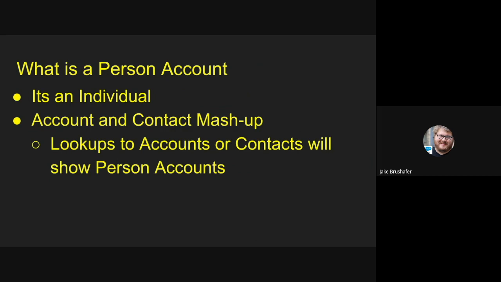For lack of better terms, it takes all the information from your account and all the information from your contact and matches them together in one single record. Behind the scenes, there are still two separate tables, but from the end user perspective, you see everything as one complete record. Does that answer your question?